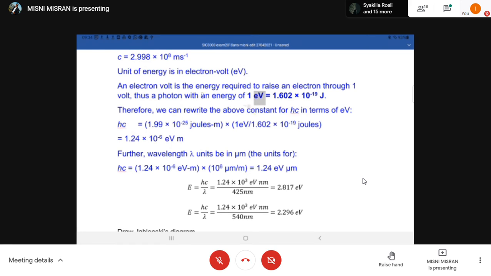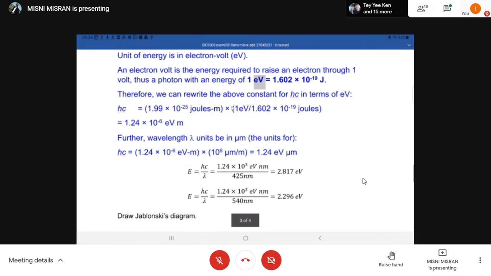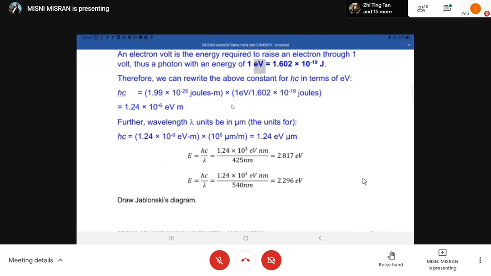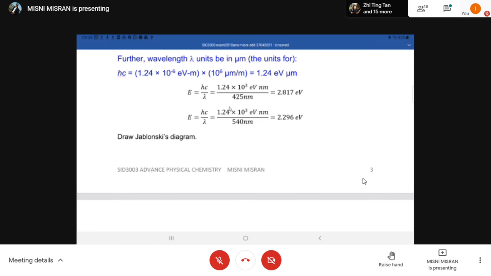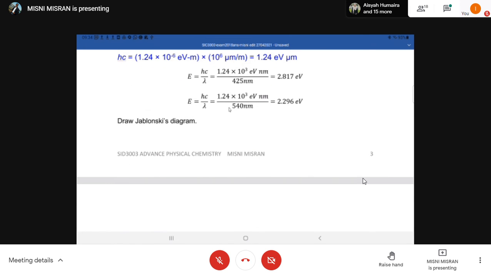So this is, I mean, vice versa, right? Once you calculate all the values, you can use your own way so long as you get the right number.